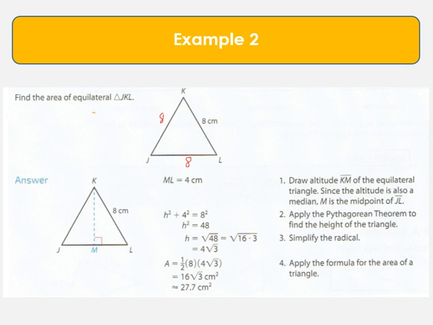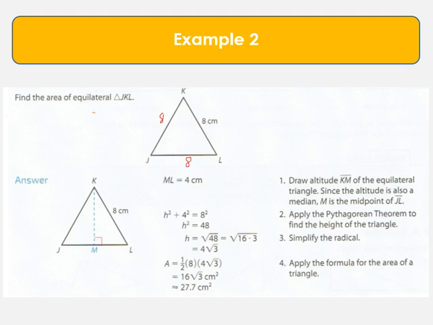So what we'll need to do to work this problem is drop an altitude and create 2 congruent right triangles. So when we drop this altitude, KM, we form this point M, which will be the midpoint of segment JL.